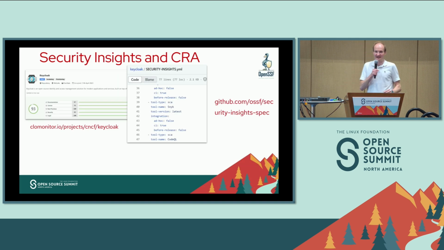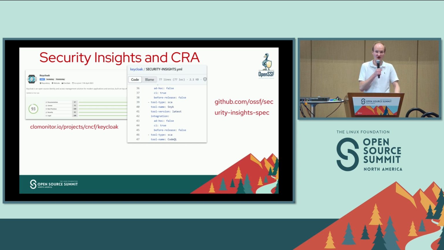A couple of other examples just to give a sneak peek. As I mentioned, I gave more examples and details at yesterday's talk, but one of the other brilliant pieces of work, in this case under OpenSSF, is Security Insights.